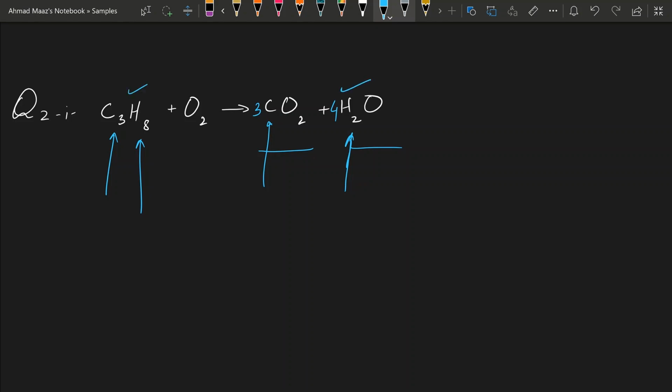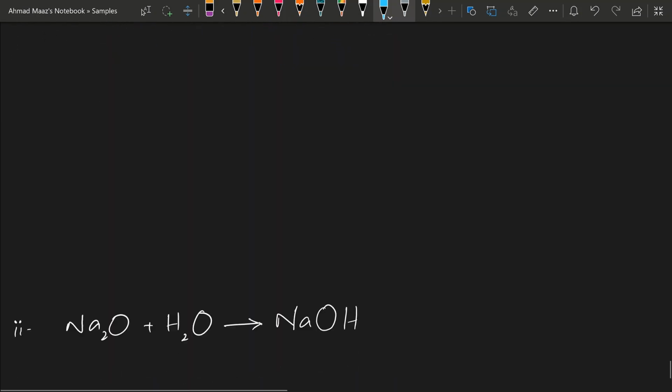Number of hydrogens is also balanced. You have 2 oxygens over here and you have 3 times 2 is 6 plus 4 times 1 is 4, 10 oxygens over here. You multiply this by 5. 5 twos are 10. That's it. Your equation is balanced.